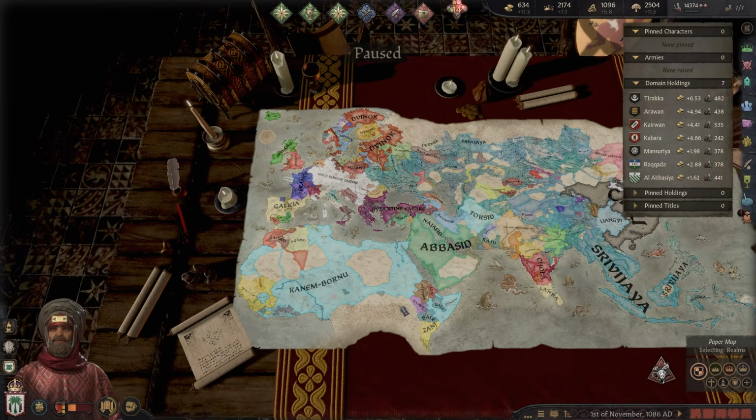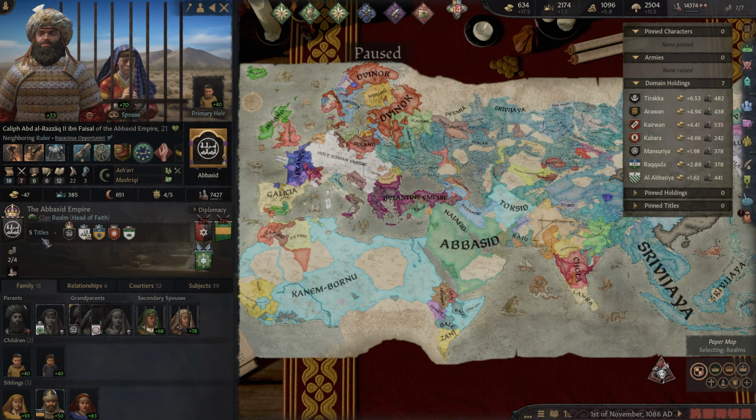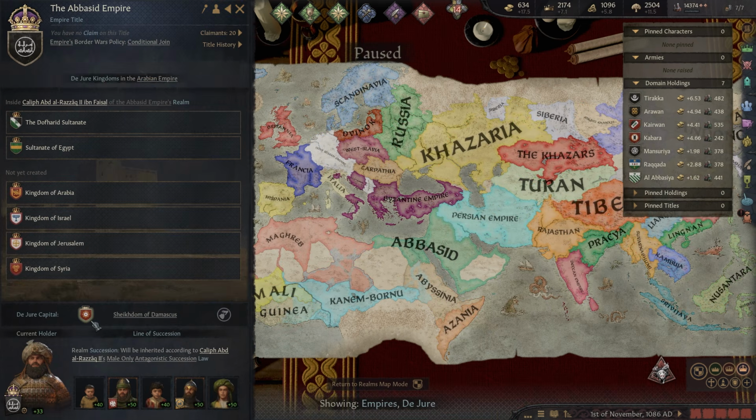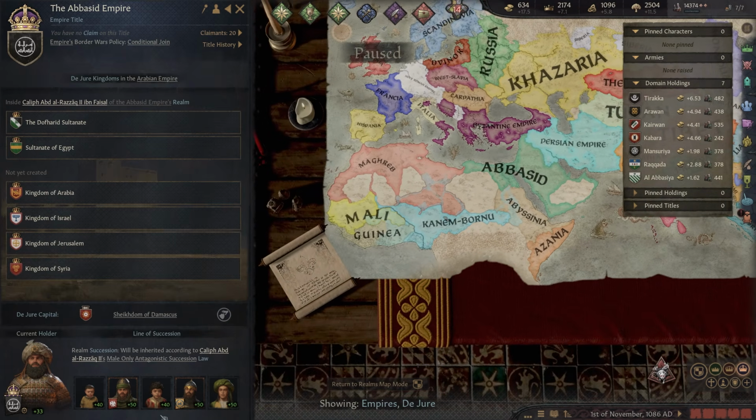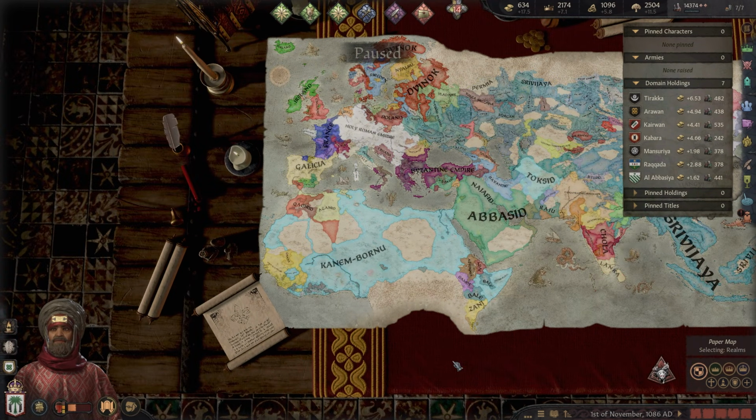It just makes more sense for it to calculate them on a set amount of time, like maybe once a month, or do it when you click into a title or when it's needed, right? Like, oh, they're looking at this line of succession, therefore they want to know what it is, so I'll recalculate to make sure it's correct. So that's all that is.